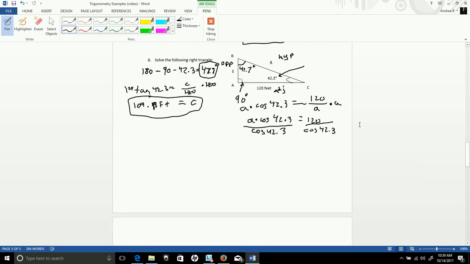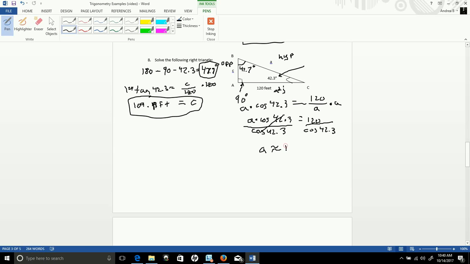So then here, after you get done dividing, those will cancel out on the left side. So we have A here equals approximately, so once again you're doing 120 divided by cosine of your 42.3. Some of your calculators, just like with some of the other problems, are kind of programmed backwards. So you may have to enter the 42.3 and then the cosine function, depending on how your calculator is programmed.